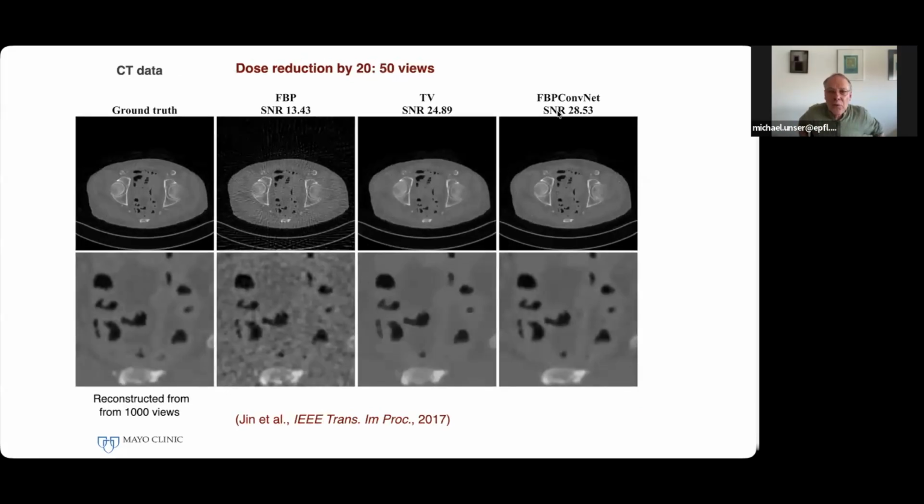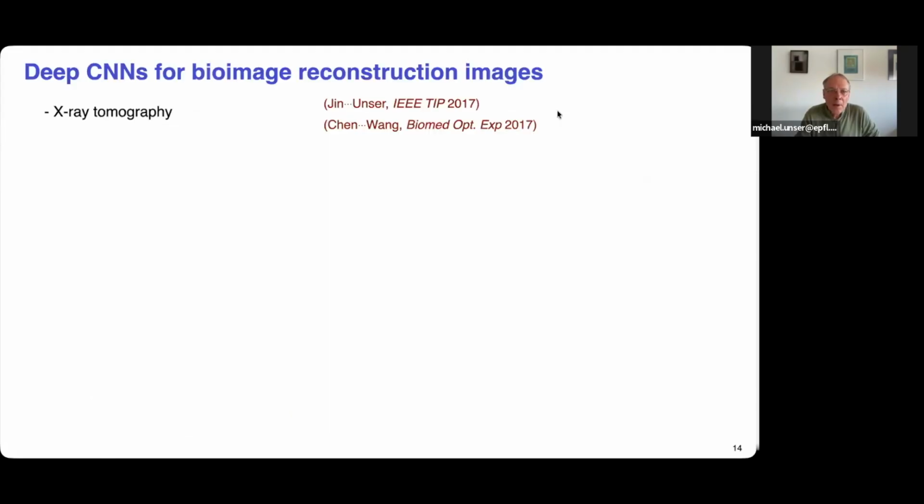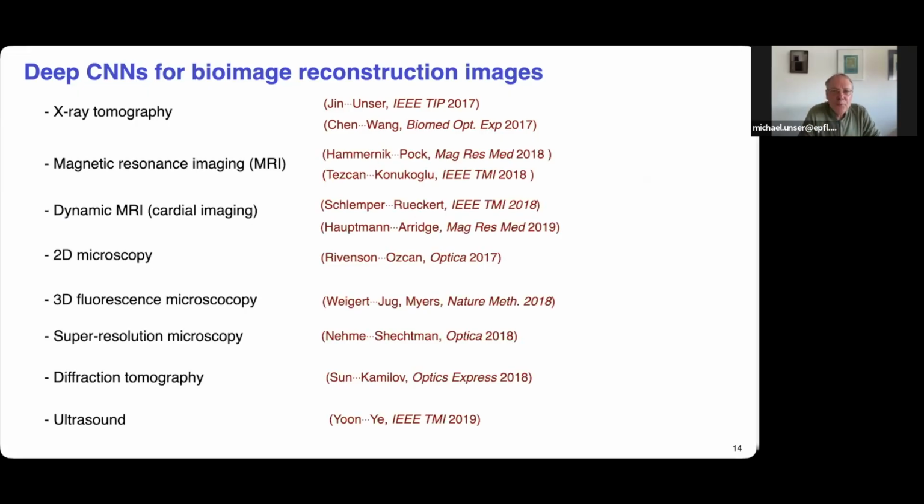And this works on different modalities. But of course, we were not the only ones. Many people had the same idea at more or less the same time, and then there was almost a replay of the story of compressed sensing. Everyone started applying a deep neural network and revisiting all the compressed sensing algorithms and modalities, publishing lots of papers, often in very prestigious journals.